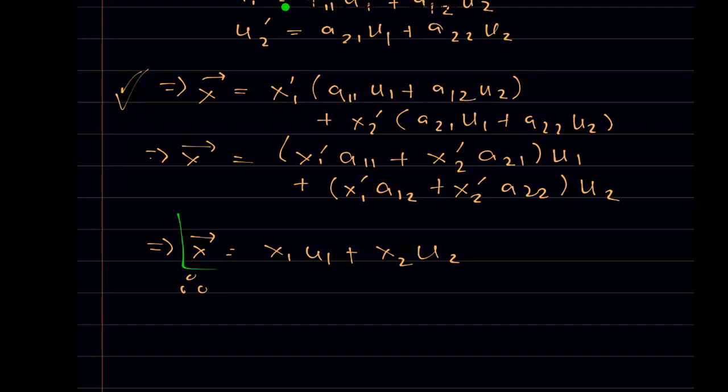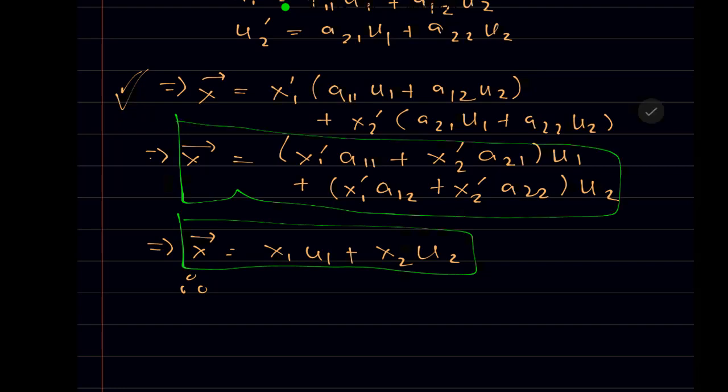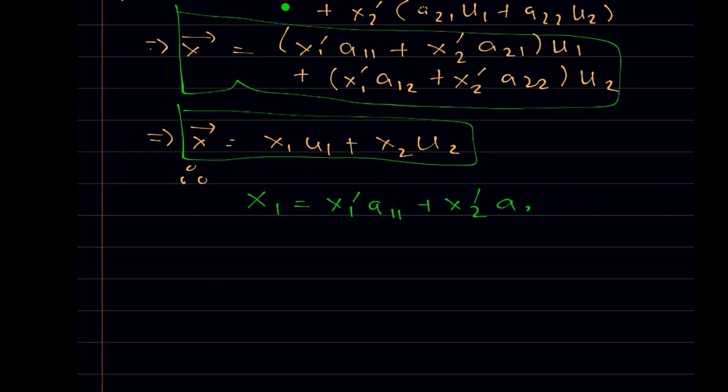It turns out that x1 is equal to x1 prime A11 plus x2 prime A21, and x2 turns out to be x1 prime A12 plus x2 prime A22, right?